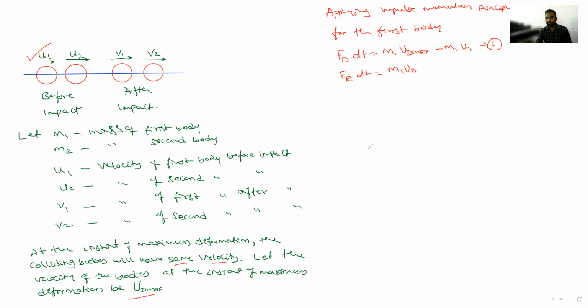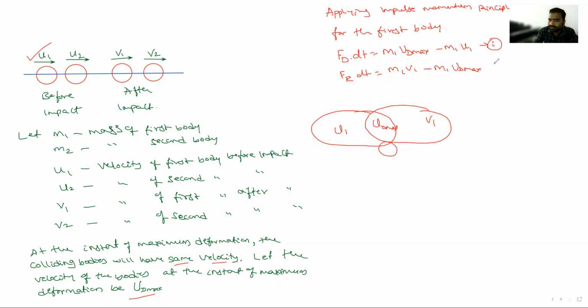Before the collision the velocity is u1, at maximum deformation it is ud max, and after the restitution period it is v1. The first equation was applied up to maximum deformation; now there is the restitution period from maximum deformation until they separate, so the final velocity is v1 and the initial is ud max. This is equation number 2.